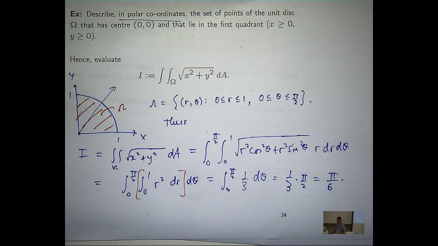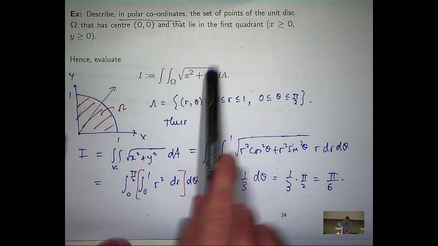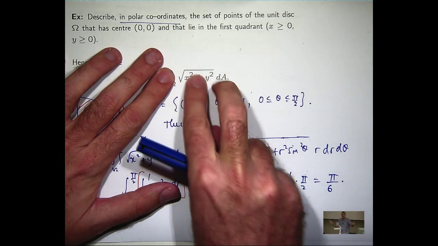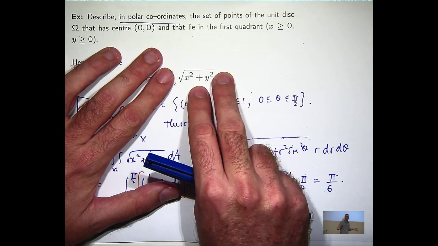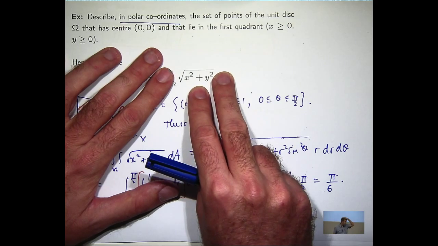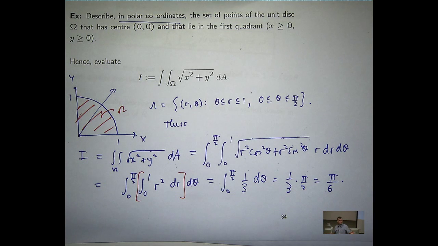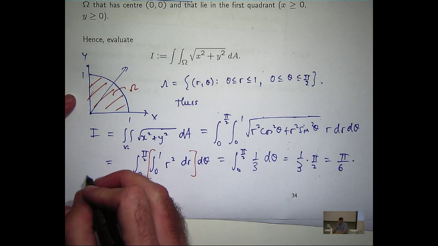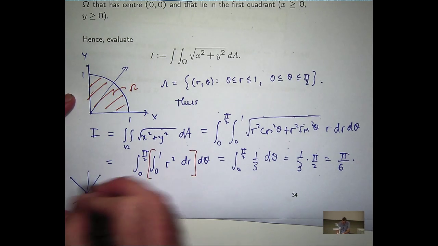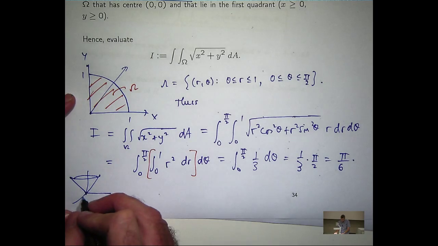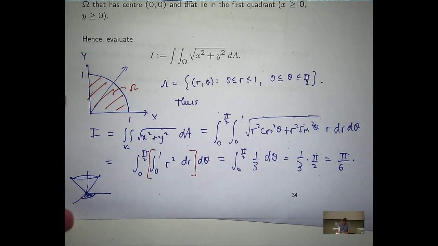Now, how would I interpret that answer? If I cover this up, what's the surface associated with this function, root x squared plus y squared? What kind of surface is it? Cone. It's a cone, right? So if I wanted to put a slight bit of meaning into it, you've got this cone, and this little region here is just going to be this sort of part there.